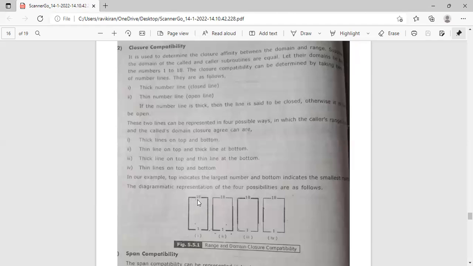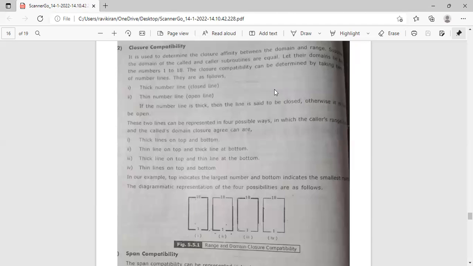The closure compatibility can be determined by taking two types of number lines. Closure compatibility is used to determine the closure efficiency between the domains and the ranges.